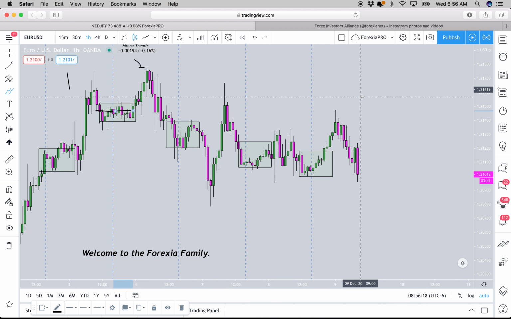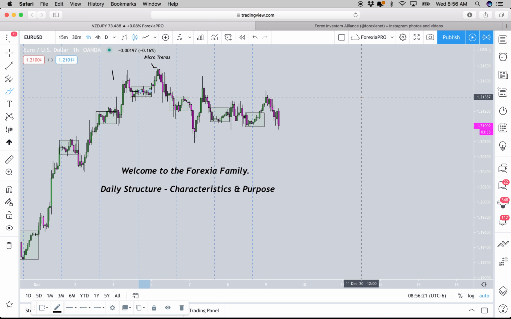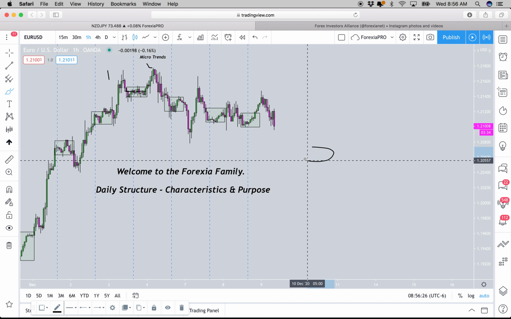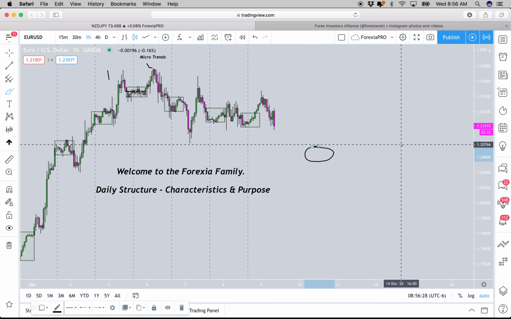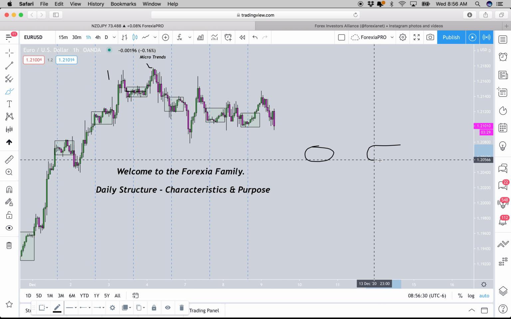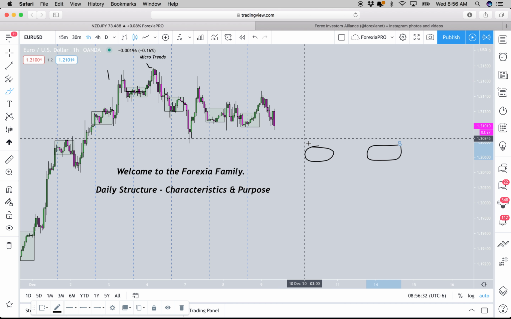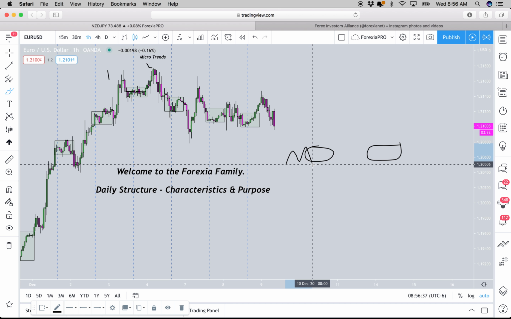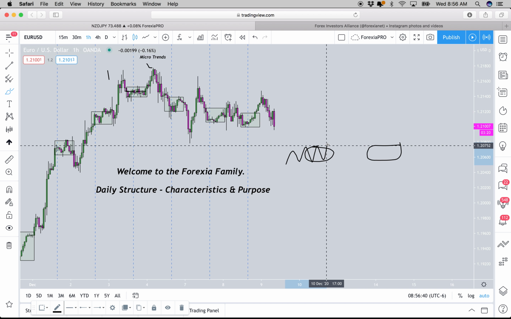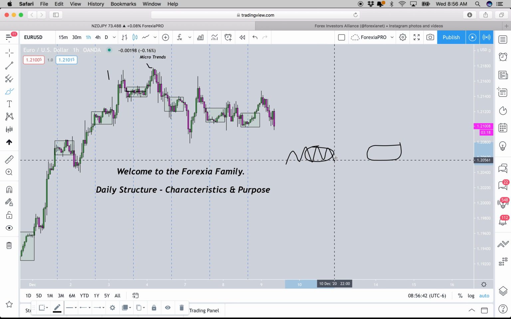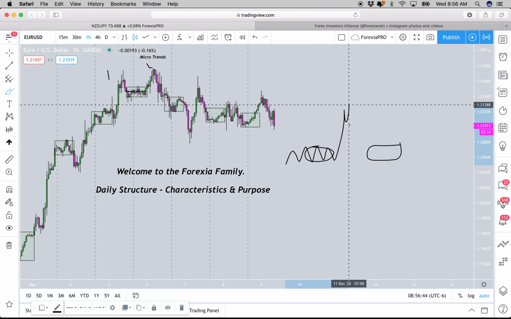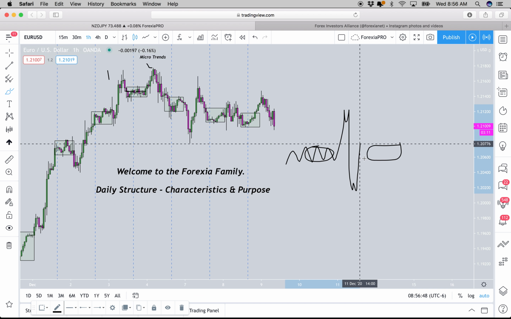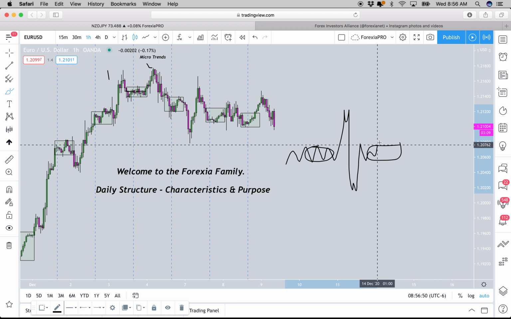So if we take this consolidation, and excuse my art, I'm using a trackpad, I'm not even using a mouse. But let's say this is the consolidation, right? And in the middle, we have that move where the market all of a sudden becomes a lot more volatile than normal.